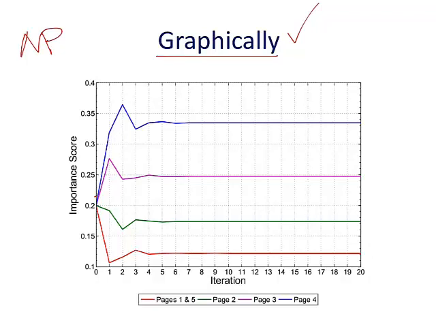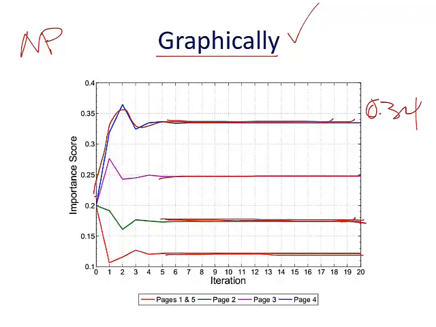And as we see, page 4 is still the most important. It comes up to about 0.34. And eventually, these all converge, meaning they come to a unique solution, which actually solves the equation and makes it so that it no longer updates.